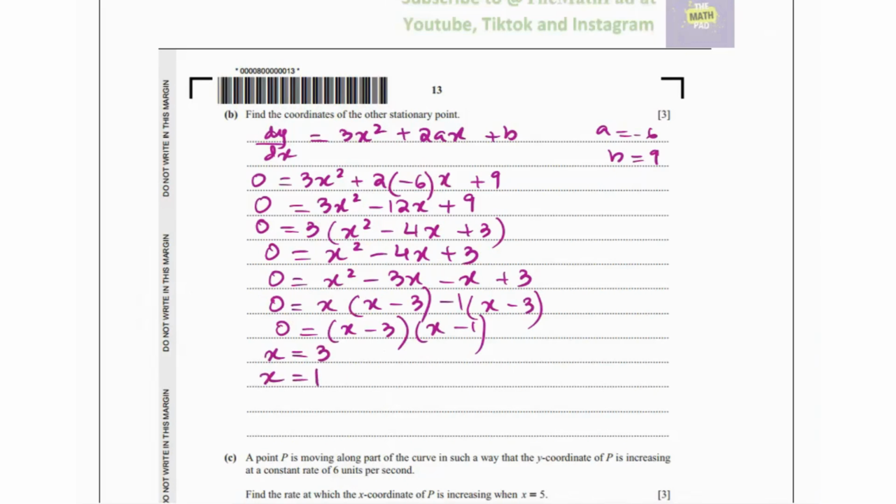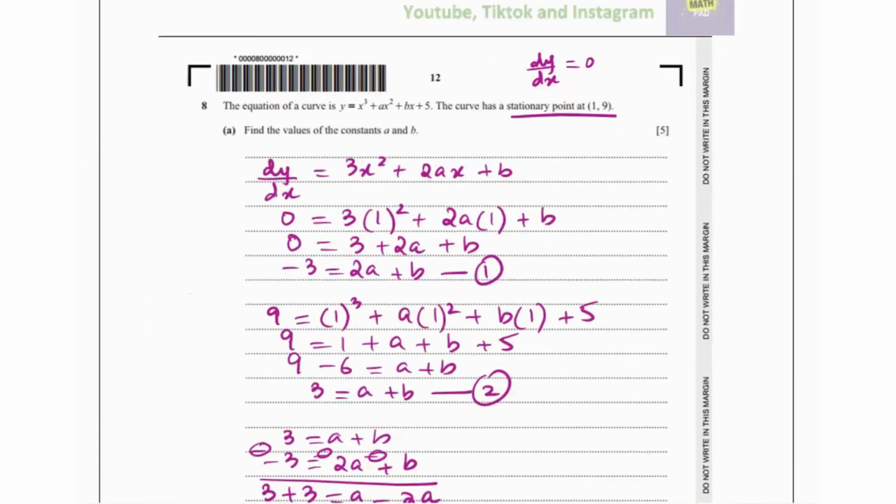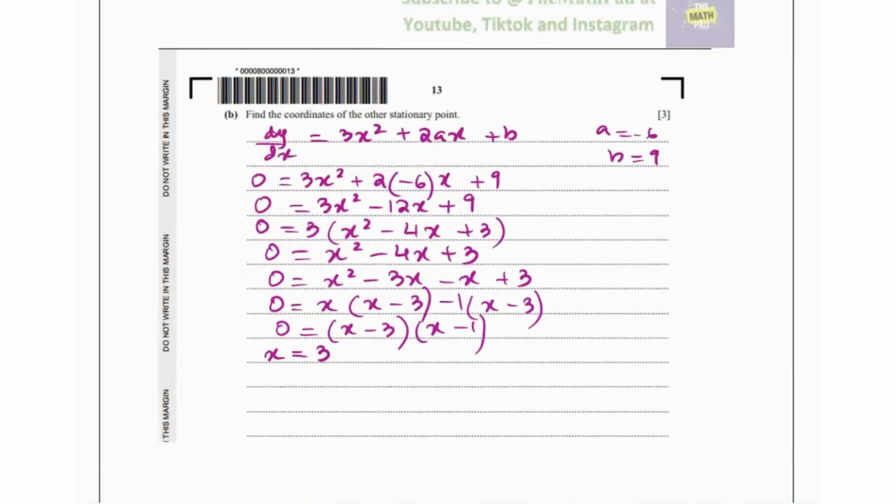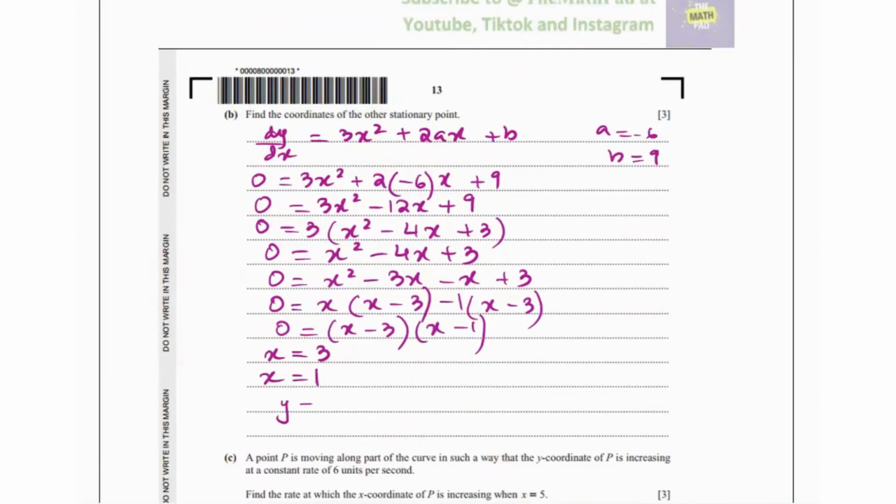So to find the y value, y equals x cubed plus ax squared plus bx plus 5. Put in the values of a, b, and x.